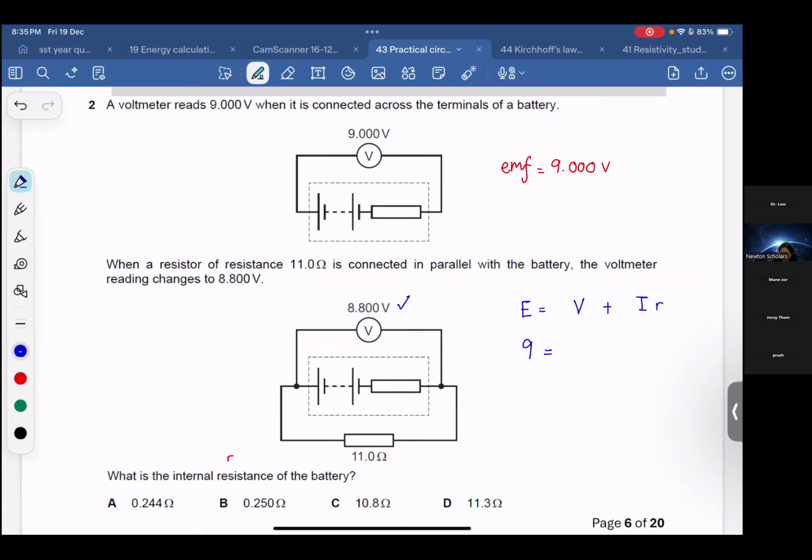Actually this one is the voltage across the 11 ohm component, so no need to do calculation. Here it is 8.8. When we close the switch, your voltmeter reading is showing the potential difference across the component. But I don't know my I. Can you find your I? Voltage across 11 ohm equals I times R of 11 ohm. You can do the calculation and find out what your I is.